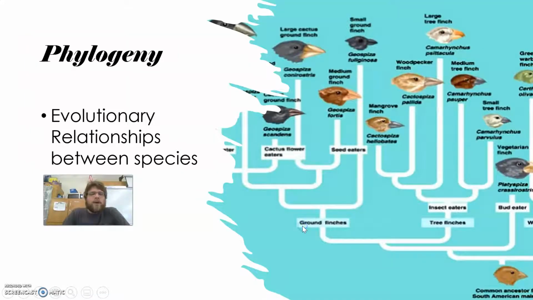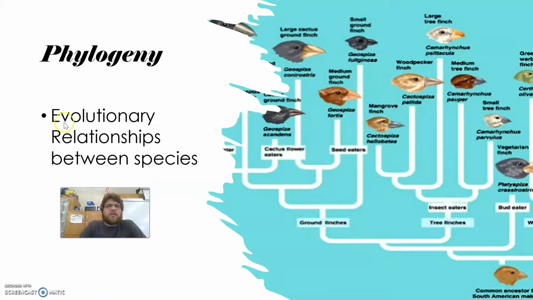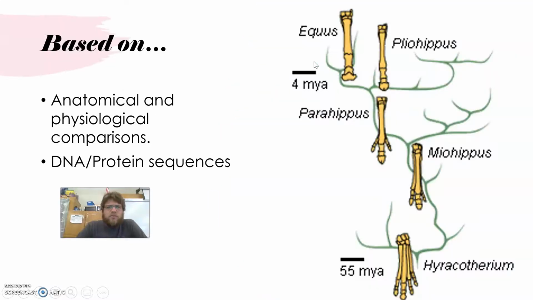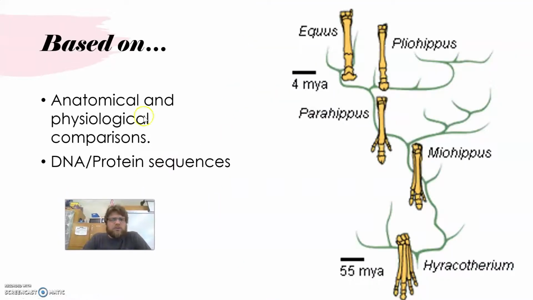For vocab, phylogeny means an evolutionary relationship between species. So when we consider Darwin's finches, those finches that have speciated on different islands due to natural selection, we can represent their evolutionary relationships on a phylogenetic tree or a cladogram. How do we organize those phylogenies?